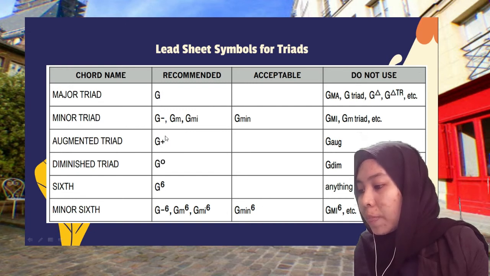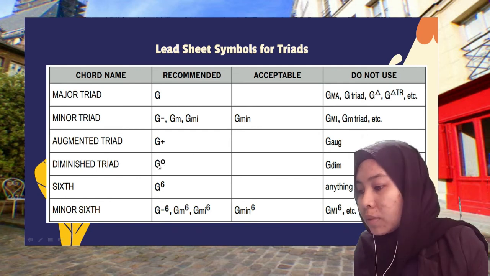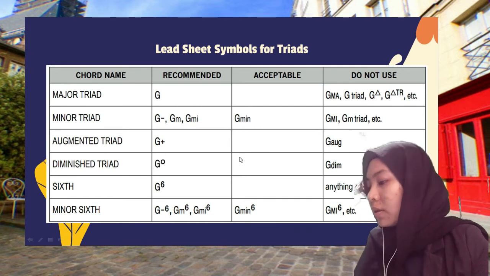Because if there is the plus symbol here, you will know that it is augmented. And then for the diminished triad, you will use the circle symbol, just the small one beside the root note here, so if there is the circle symbol, that will become the diminished triad.